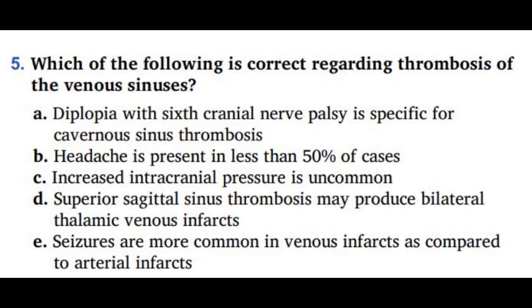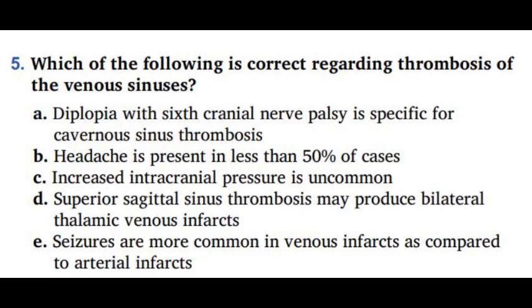You may have contralateral limb weakness, lower limb weakness, sensory losses, urinary incontinence, abulia, which is lack of will or initiative, and whatnot. So D is off. Then E, seizures are more common in venous infarct as compared to arterial infarct.